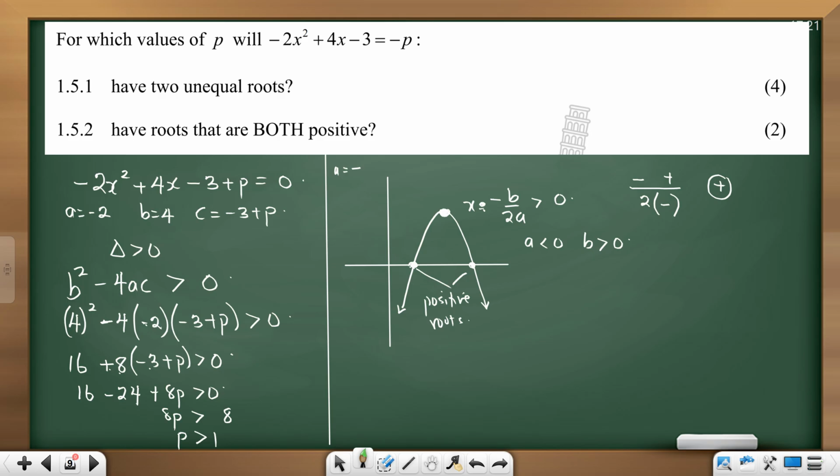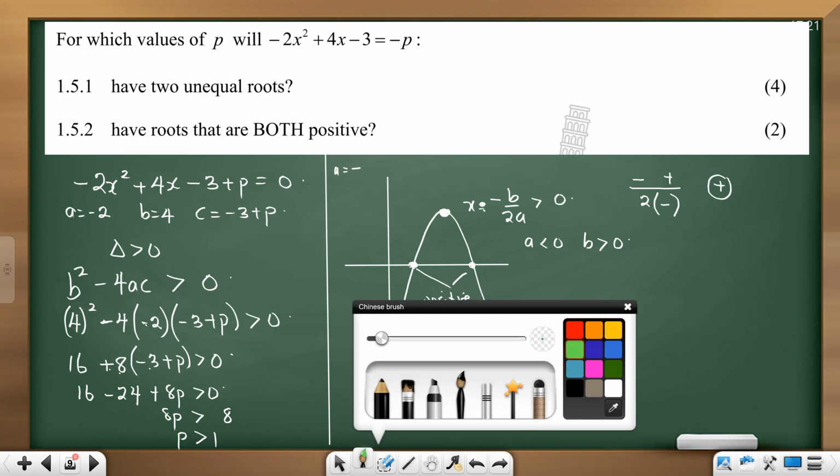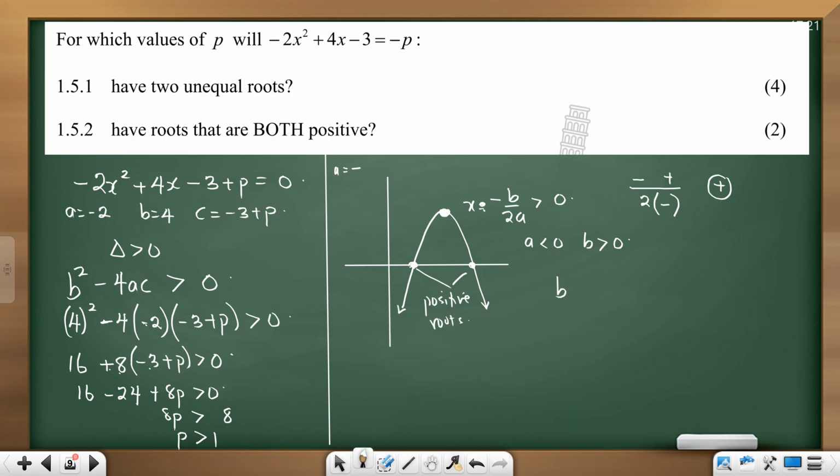But how do we infer to this? If we go back to b squared minus 4ac, remember we still want it to be greater than 0, but we are saying in this case, what is our b? Our b is positive, right? Just want to see how we can manipulate this.